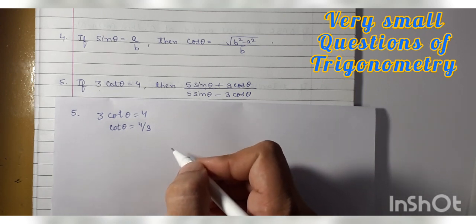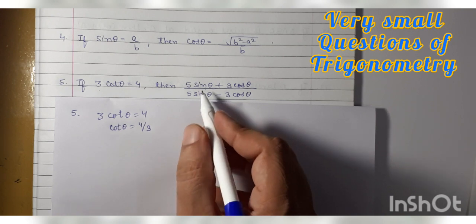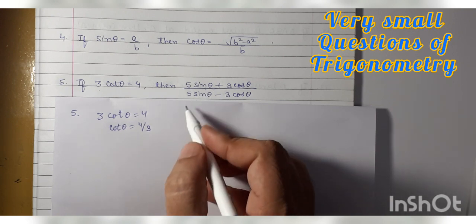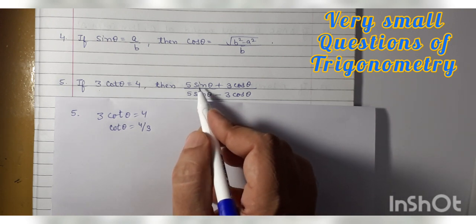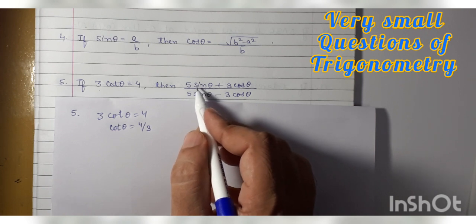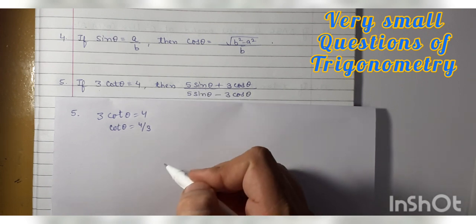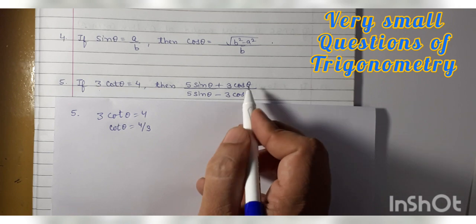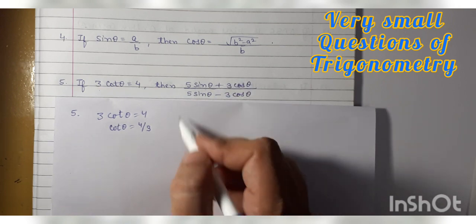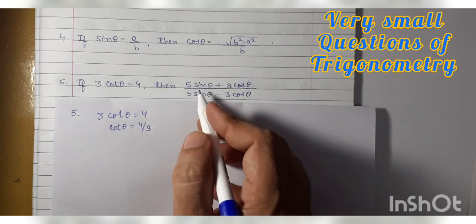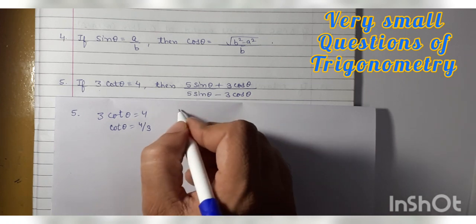Okay, I want to convert this in the form of cot theta. If I divide by sin theta in numerator and denominator, then I will convert this whole fraction in terms of cot theta. So I am going to divide by sin theta.